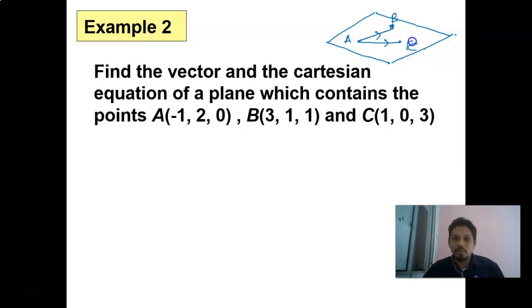I make this one here B, and also here is C. Now we are going to form a new normal vector n, which is perpendicular to the vectors AB and AC. Here we are trying to form the vector n using the right hand rule.